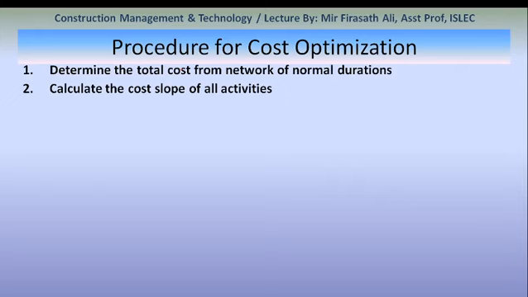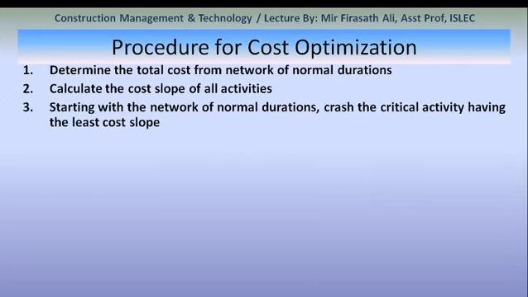Then the third step is to start with the network of normal duration and crash the activities having least cost slope. Whose cost slope is least, we need to start crashing of those activities.